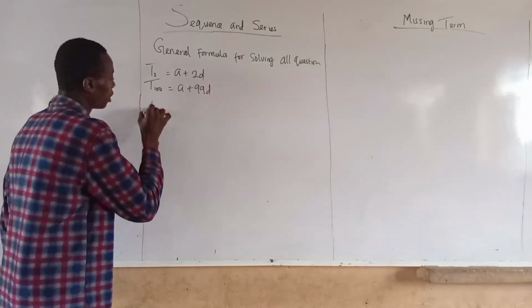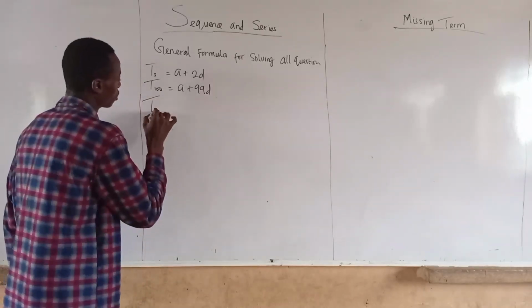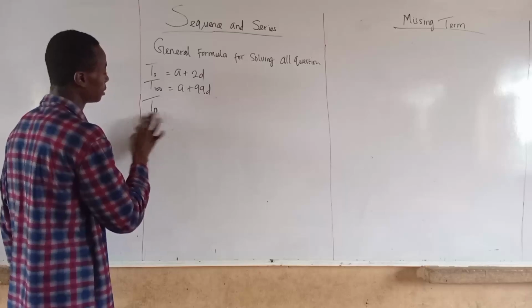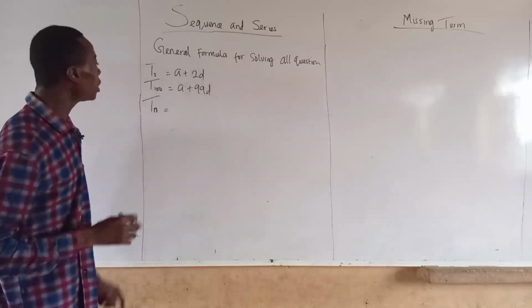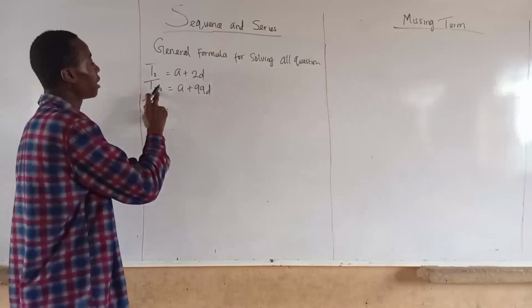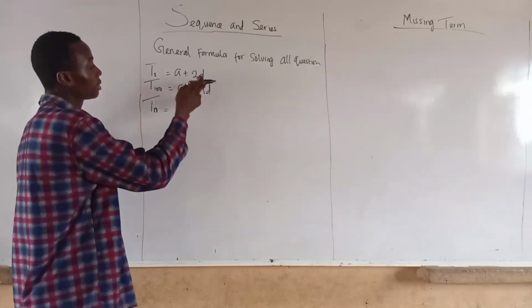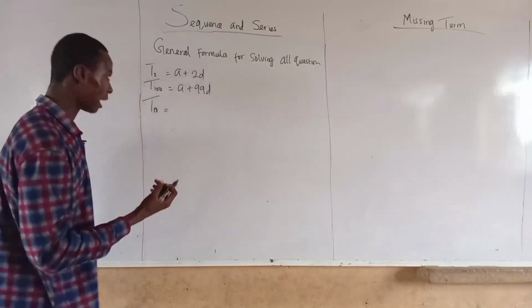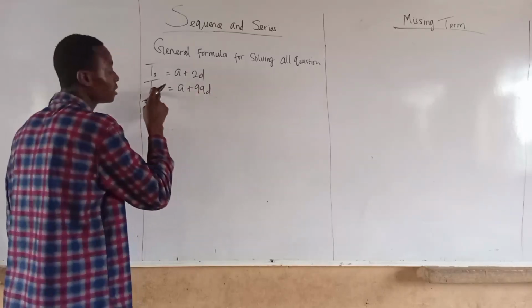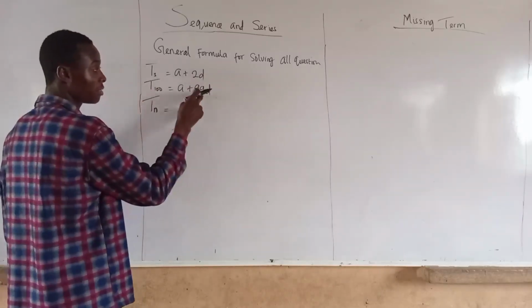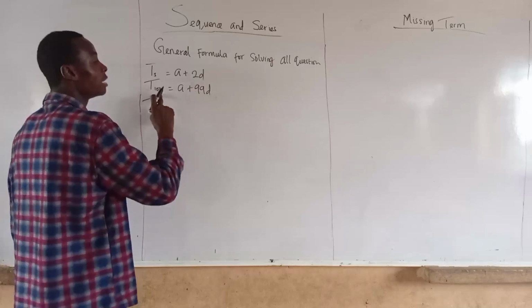Now let us call it Tn, because we don't know the number of terms we are finding, right? So Tn is equal to A plus... Everything we have here will be one less than this one.